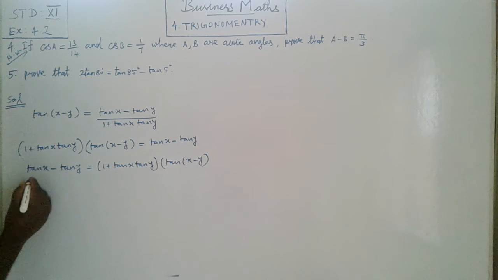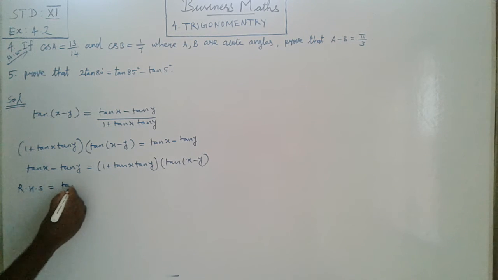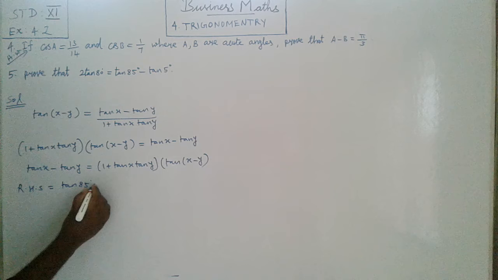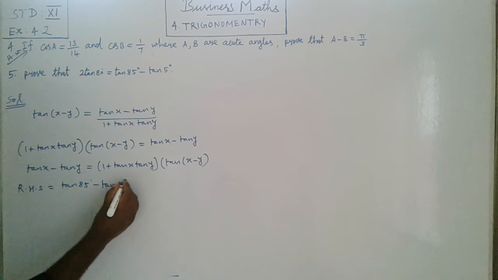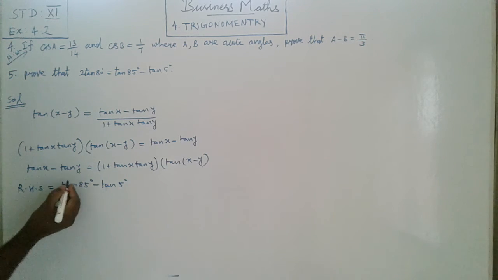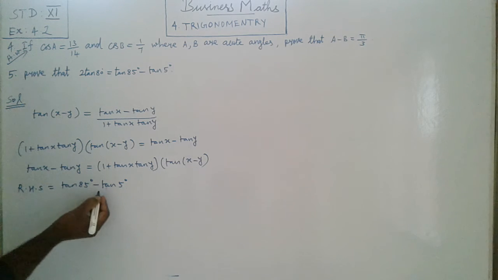So we should substitute this formula. Tan 85, what is the RHS? RHS equal to tan 85 minus 5 degree, tan 5 degree. So tan x minus y format.